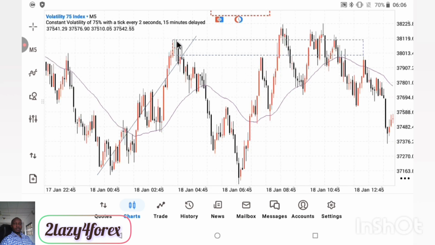Look at this now. Funny enough, this went above the pullback, but it didn't form a higher high. So even if price goes above and in lower time frame, you are still trying to get your entry. Once price doesn't form a higher high, your entry to sell is still valid. But if price forms a higher high on the 5 minutes chart, not on the 1 minute chart, if you dive down to a 1 minute chart, this would have been a higher high already.